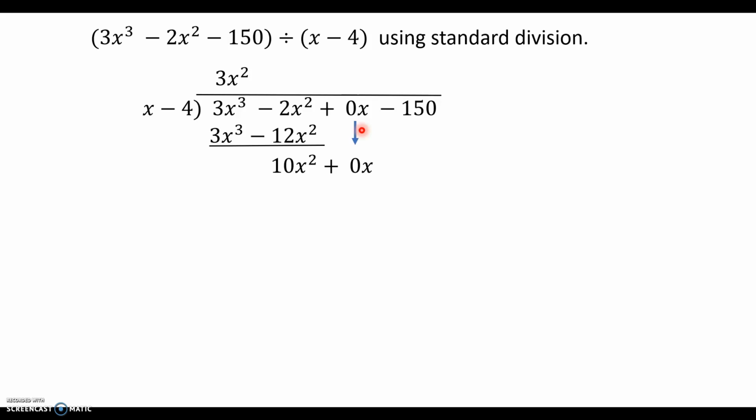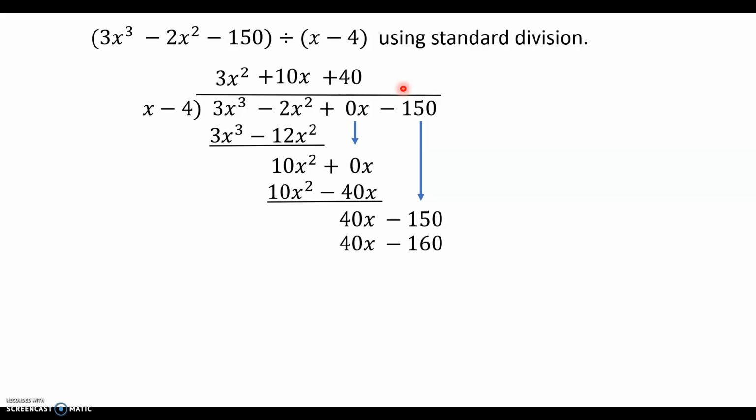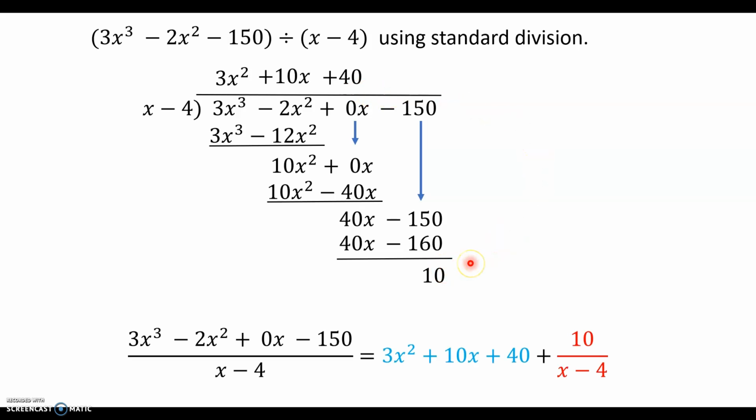Now I'm going to repeat the process the same way. 10x squared divided by x is 10x. Multiply, subtract, bring down the next term, and repeat the process one more time. And this gives me that my quotient is 3x squared plus 10x plus 40, and my remainder is 10.